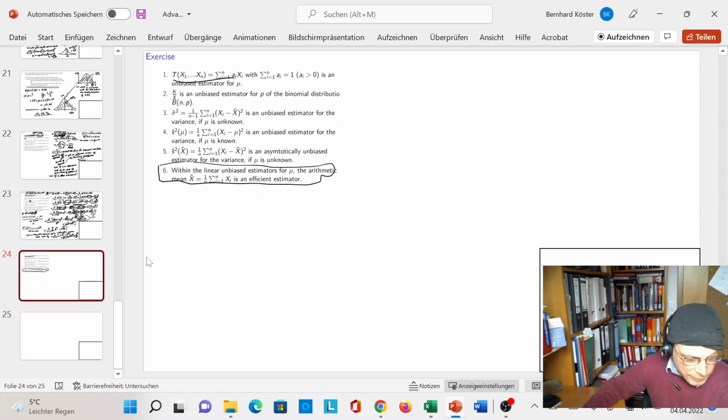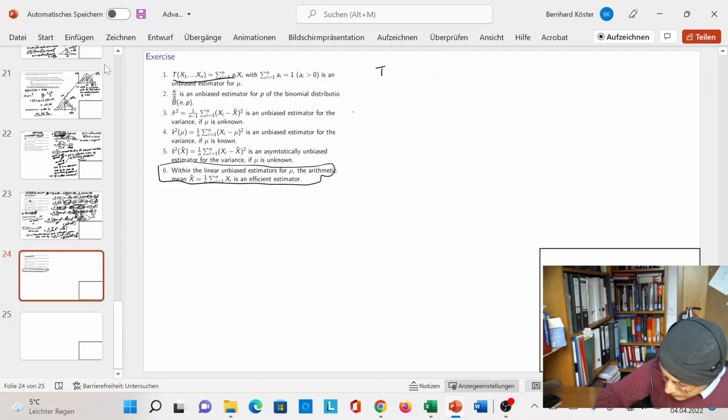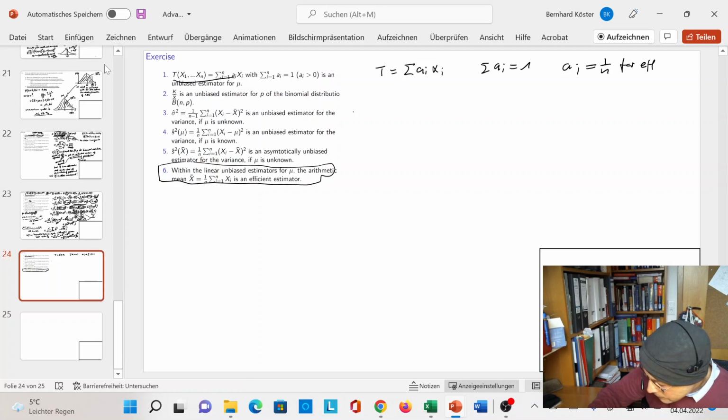So, first of all, we have in general our estimators T is sum a_i x_i with the a_i summing to 1, and we want to show that a_i equals 1 over n for efficiency.